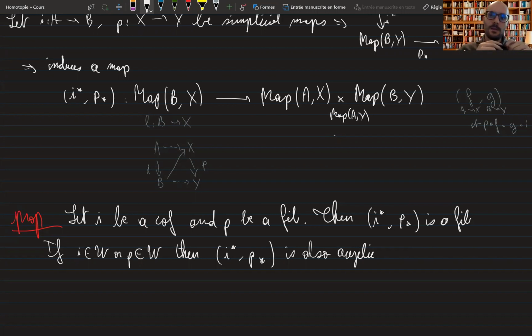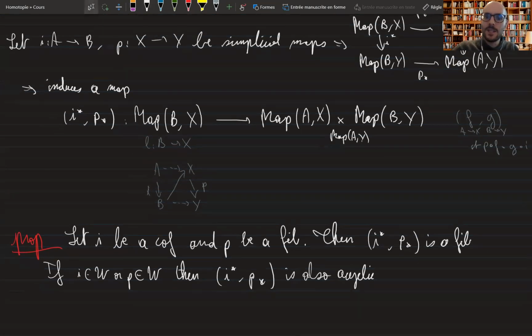But just be aware of the fact that you can interpret this in some way that makes sense. It's not a statement that comes out of nowhere. Okay. So any questions about the statement of this theorem before I start proving it?